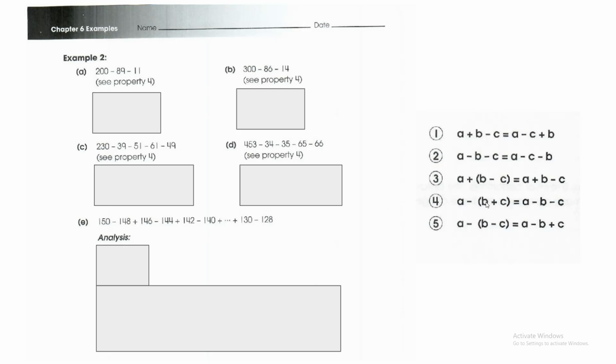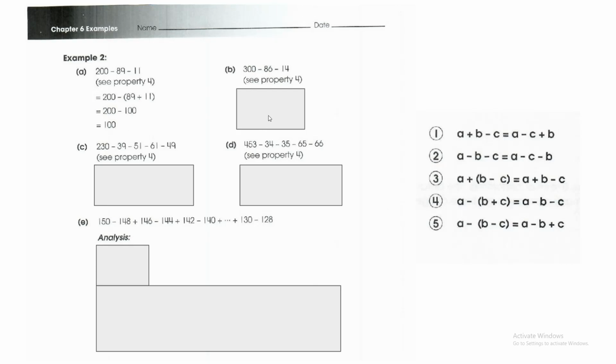Then this simplifies the problem to A minus 89 plus 11, and in this case it'll be 200 minus 89 plus 11, and we'll be getting 100 as that result. 200 minus 100 is 100.